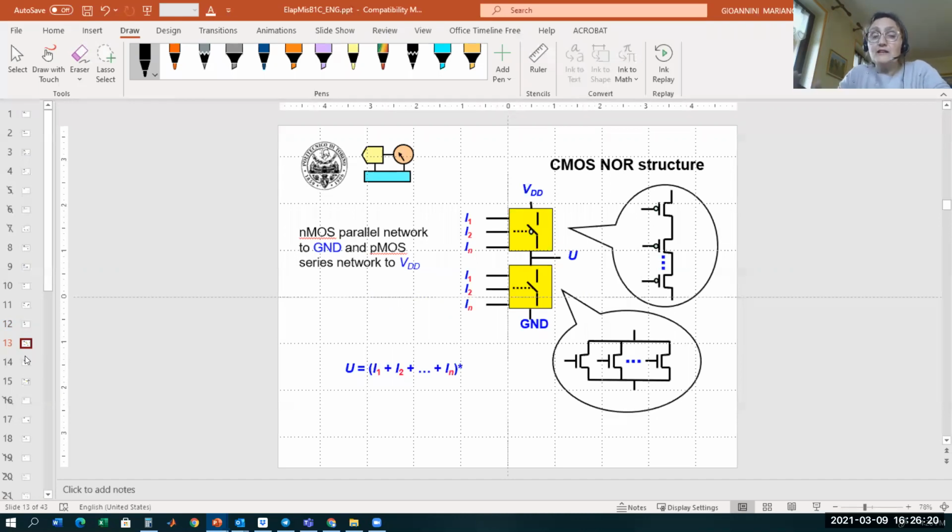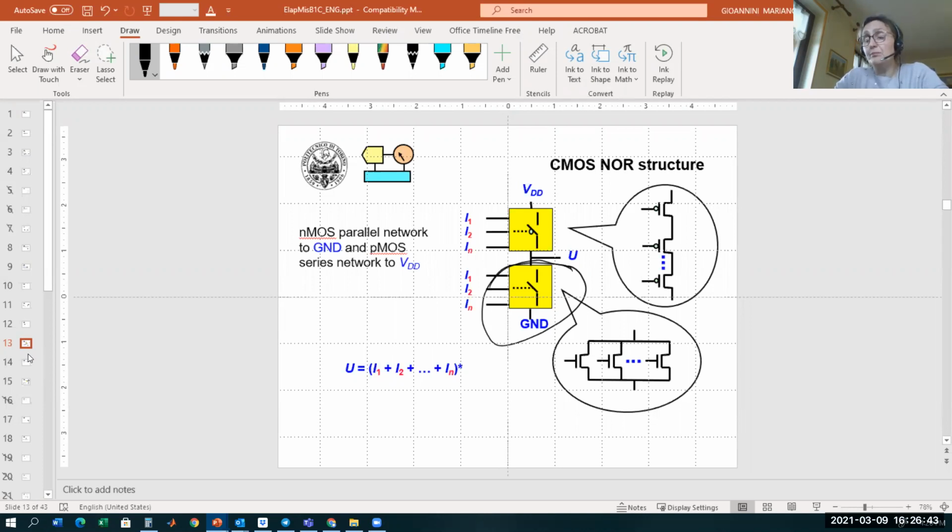So you recognize here the trick: first you decide, for example, you start from the connection to ground. You ask yourself, which is the configuration of the NMOS to guarantee the output low.